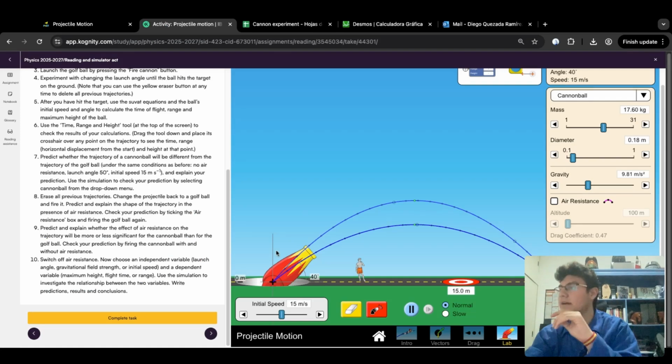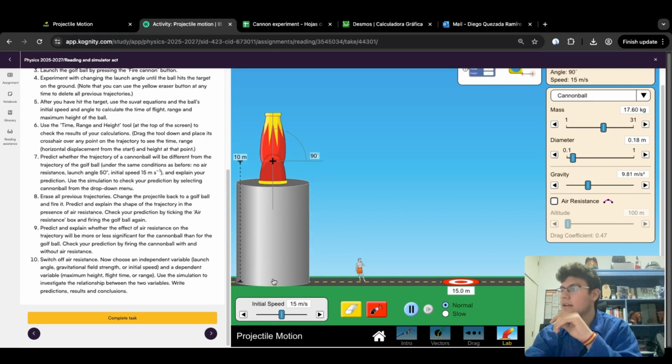What am I talking about? Let's suppose for a second that we take our cannon and elevate it, so now we're able to go from minus 90 degrees to 90 degrees. If I decide to shoot it like this, at any of these angles, I'm going to have a positive range because I'm shooting it this way.